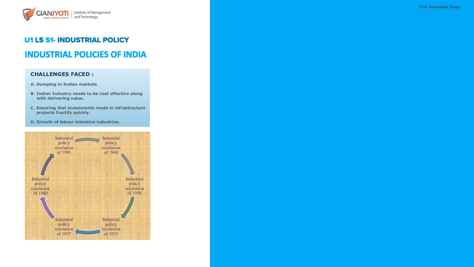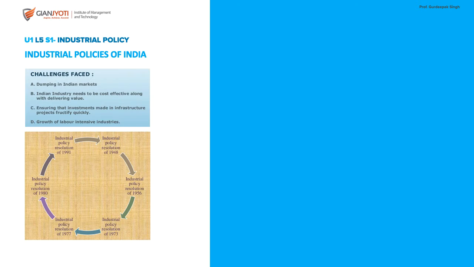With that background, the government started with the independent industrial policy of Free India, the first one which came as the Industrial Policy Resolution of 1948. After that, the second policy came in 1956, and then the third one in 1973. The fourth one came in 1977. If you see, from 56 to 73 is a long period.